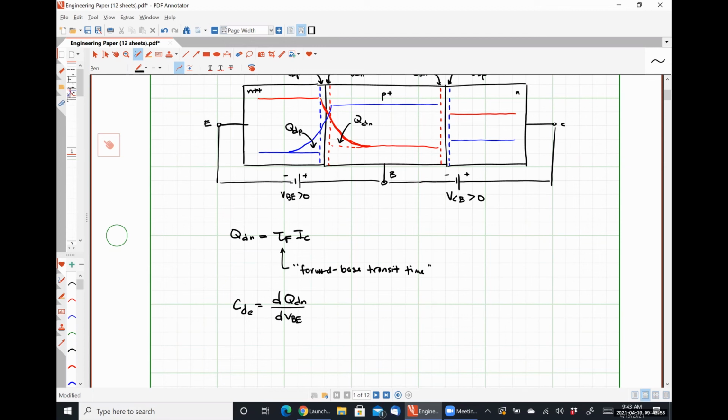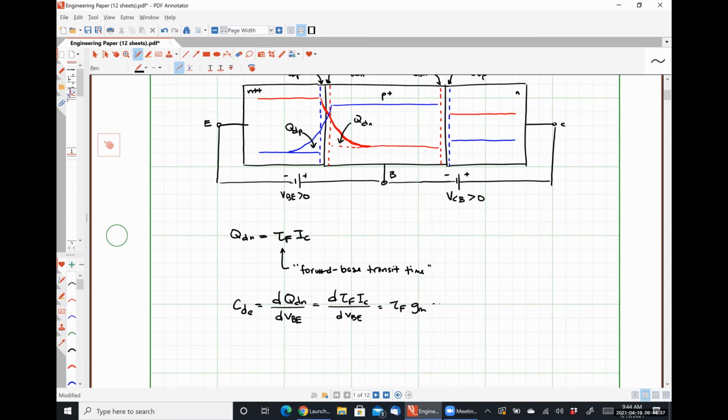So this is going to be equal then to the derivative of tau F times IC with respect to VBE, which then gives us simply tau F times GM, since tau F is a constant property. And the derivative of our collector current with respect to our base emitter voltage is by definition the transconductance of our BJT.